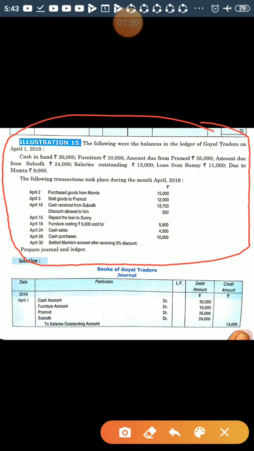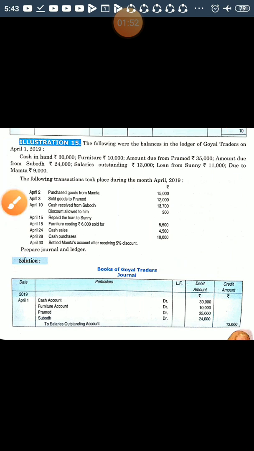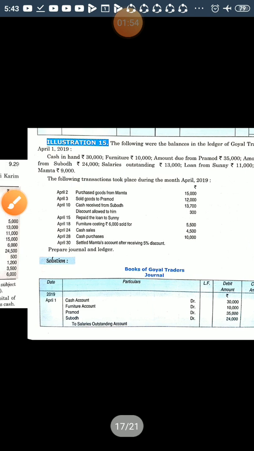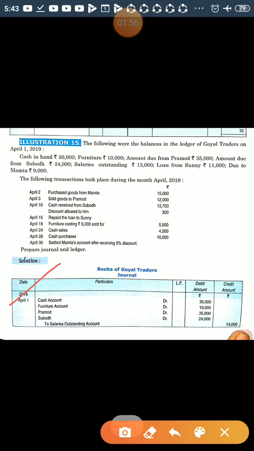So the first opening entry is on April 1st. On the basis of these closing or opening balances, we will pass an opening entry. The rule for the opening entry is that all the assets are debited and all the liabilities are credited.